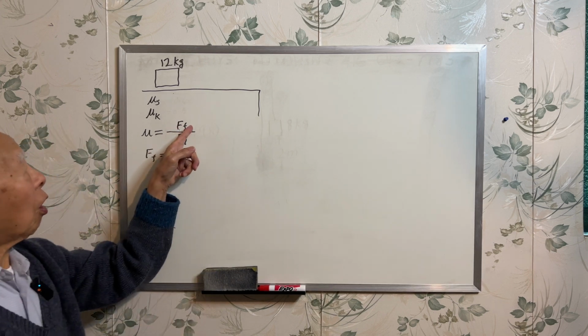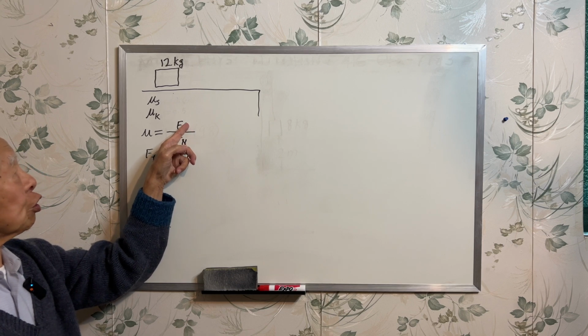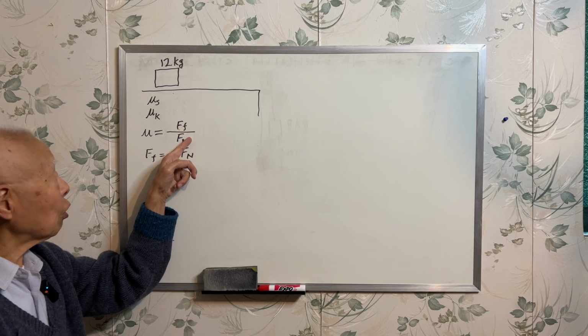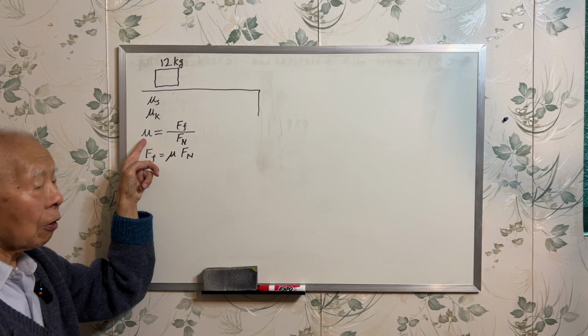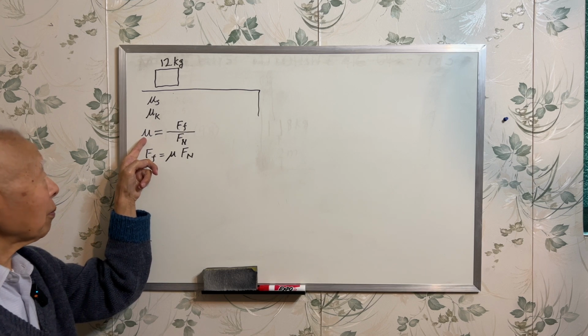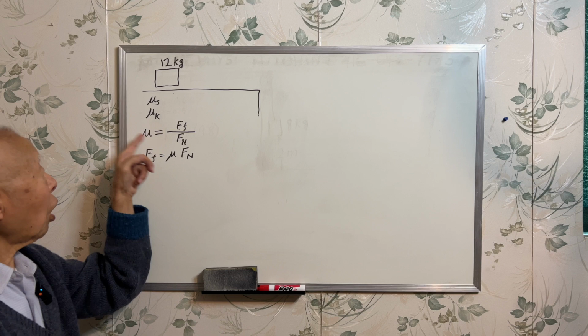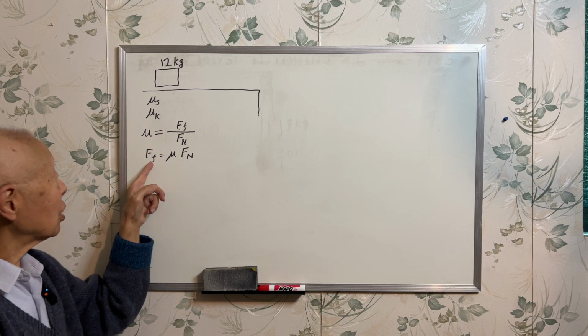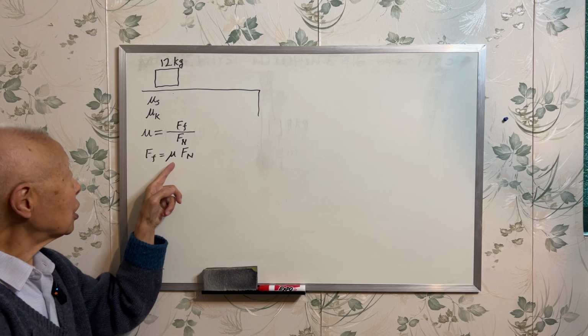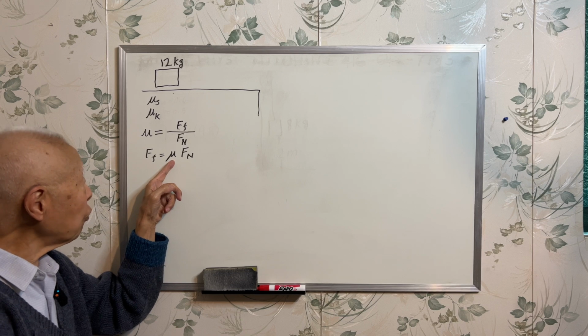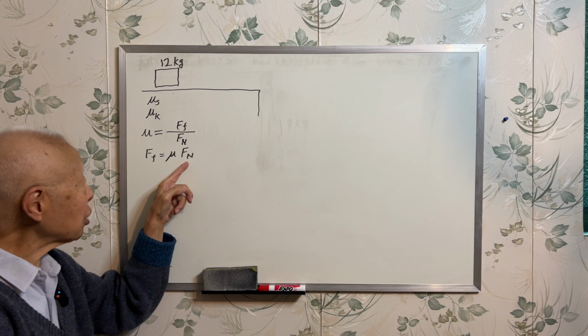The ratio of force of friction to the normal force is called the coefficient of friction. So you cross multiply, the force of friction is mu, the coefficient of friction, times the normal force.